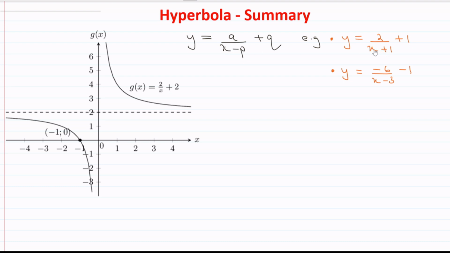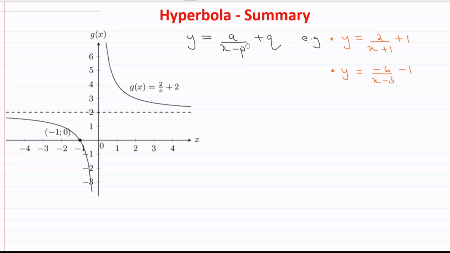Here we've got an x plus 1, which means we are equating negative p to +1, meaning that our p is -1. Our q is 1. So what I'm explaining here is for us to know the standard form of any hyperbolic function or a hyperbola.